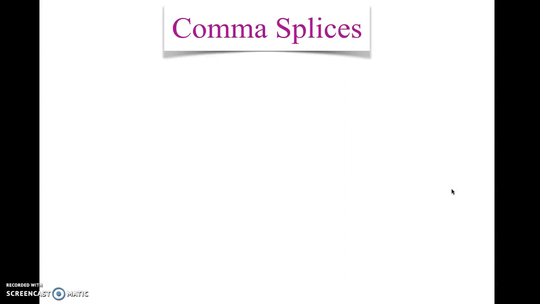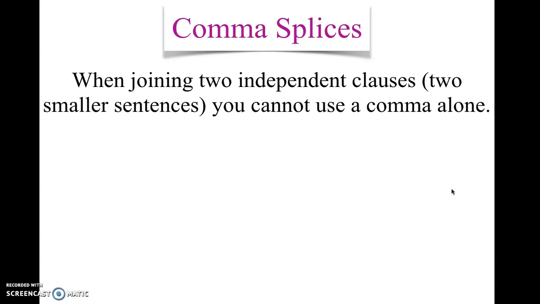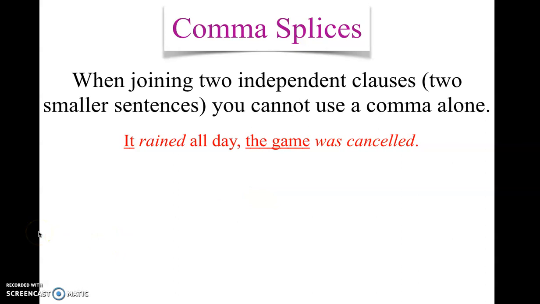So there's also something called comma splices. When joining two independent clauses, often two smaller sentences, you cannot use a comma alone. So the word splice means to join. Okay? Let's look at an example. It rained all day. The game was canceled.